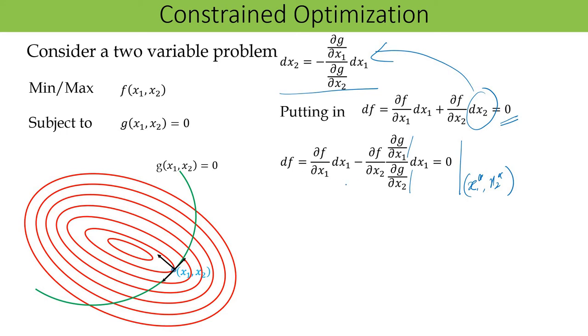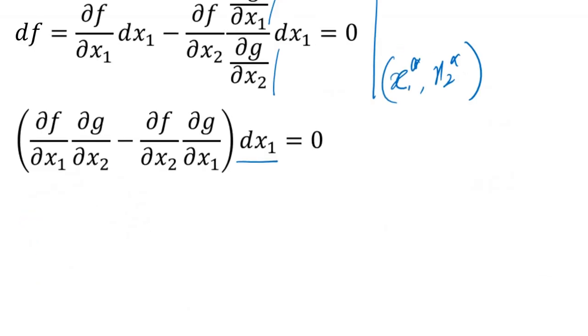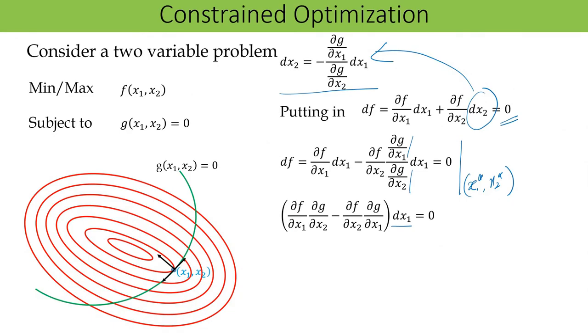Finally I am getting df equal to this, and if I rearrange the terms, I get del f by del x1 into del g by del x2 minus del f by del x2 into del g by del x1, times dx1. The necessary condition is that, since dx1 is not 0, this term must be equal to 0.